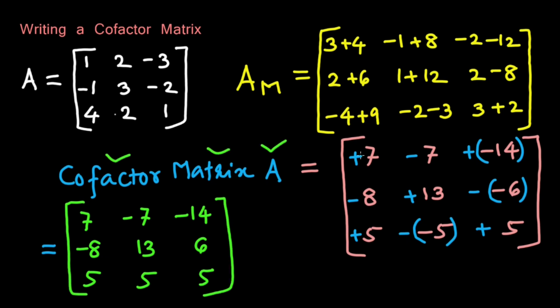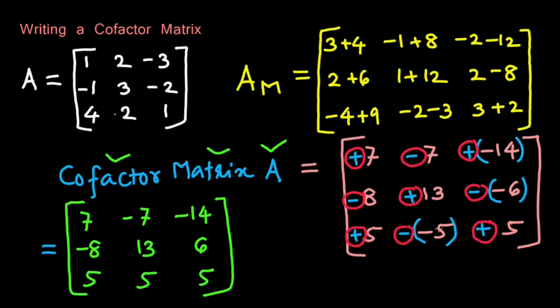You have to remember the pattern of the signs of the values of the minors, which is you have to start with plus, then minus, then plus, minus, plus, minus, plus, minus and finally plus.